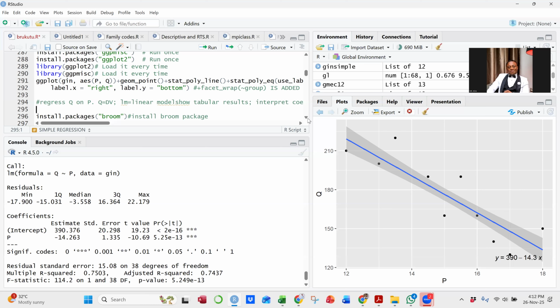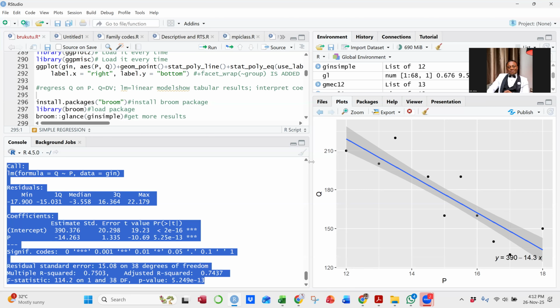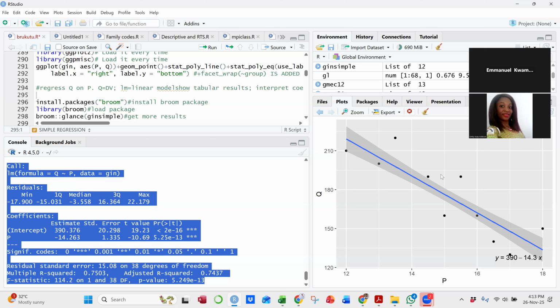Who has been able to run the graph and then the entire regression table, like I'm showing mine here, and then the graph on the right? Who has been able to do it? Let me see. If you have been able to do it, say done or raise your hand, because it helps me to be sure that some of you are following. Of course, if you are driving, there's no way you can do this.